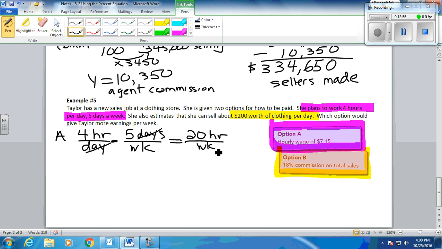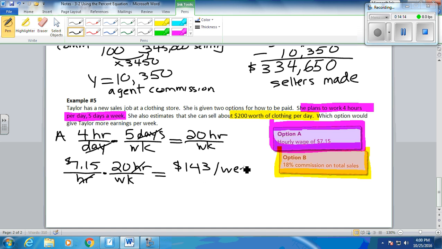So if she works 20 hours per week, you take her hourly wage of $7.15 per hour, multiply that by her 20 hours per week. Again, I can cross cancel those units, which leaves me with $143 per week that she will earn. So that's kind of a throwback to topic 1.